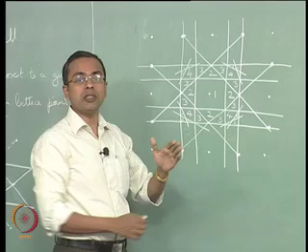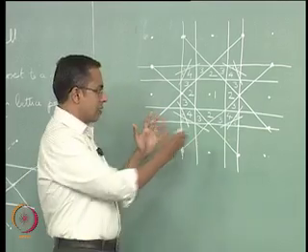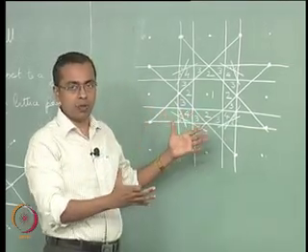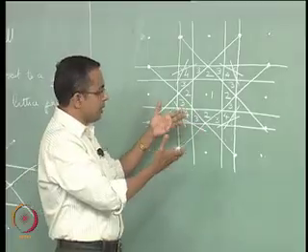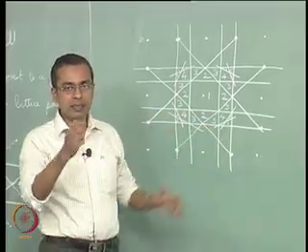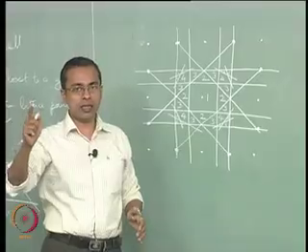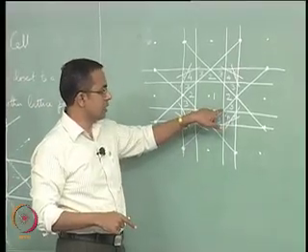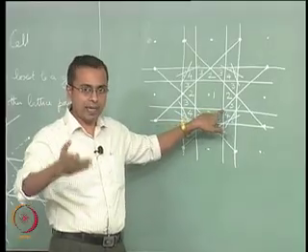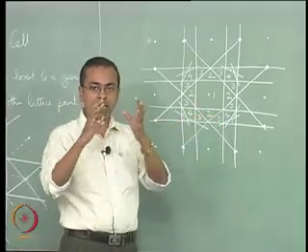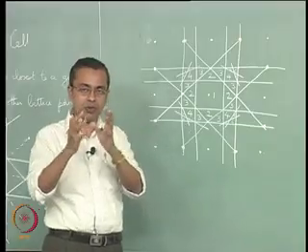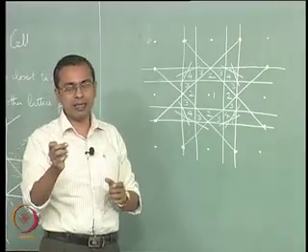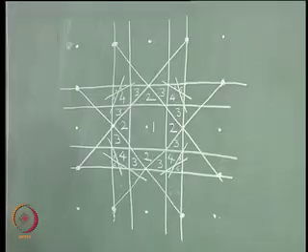If you were to extend this to 3 dimensions, as you can imagine this figure will start getting more and more complicated. But the concept is exactly the same: you locate the central point, connect it to all its neighbors, and identify perpendicular bisectors, which here are lines and in 3 dimensions would be planes. Then you will find some region in the middle which you can access without crossing any plane, that would be the first Brillouin zone. Then you cross one plane and not the second plane, that would be the second Brillouin zone and so on.